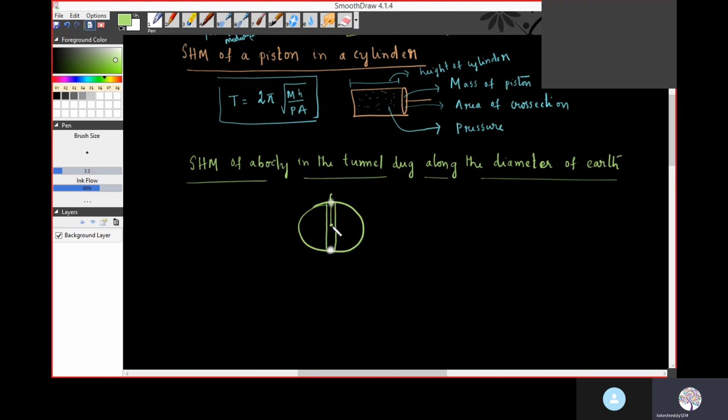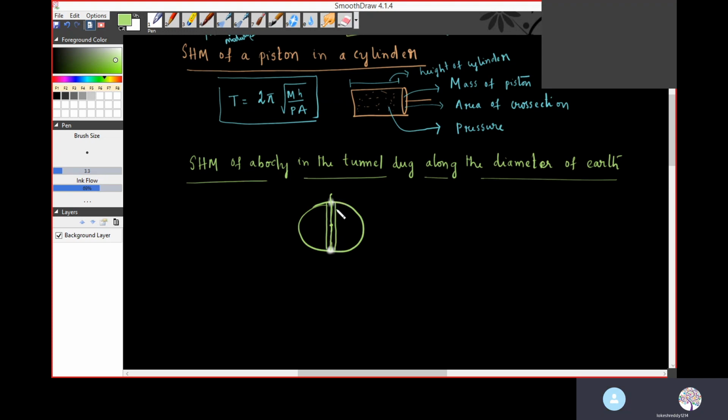At the center of the earth, the acceleration due to gravity is zero, but still it overshoots because it is traveling with some velocity. So when it is traveling in this direction, this part of the earth is attracting it, so it slows down. Finally its velocity becomes zero, and again it will be pulled back by the earth. So it will be oscillating about the mean position.